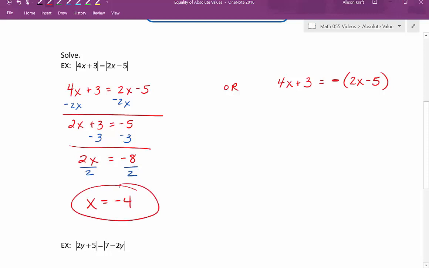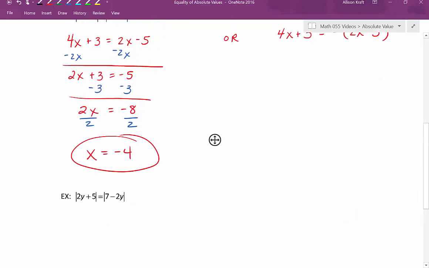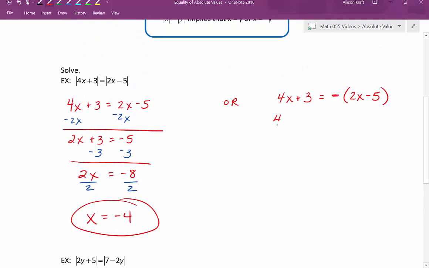Let's solve our other equation. In this equation, we're going to have to distribute the negative into our parentheses. This gives us 4x plus 3 equals negative 2x plus 5. I'll add 2x to both sides to get my x's together. This gives us 6x plus 3 equals 5.